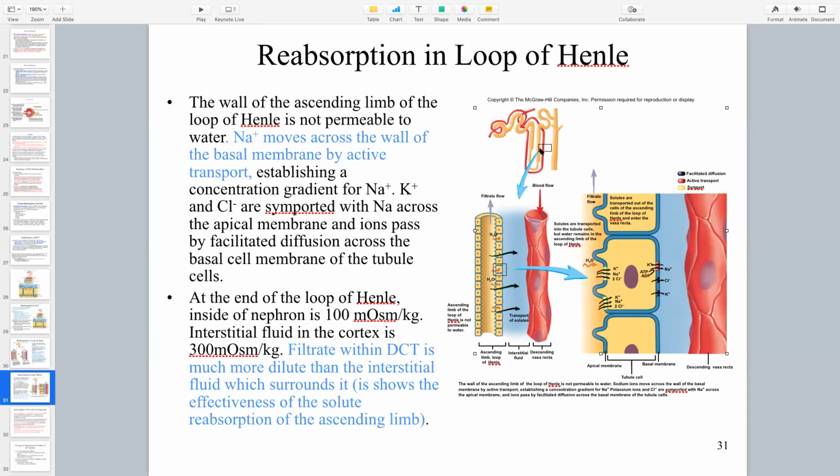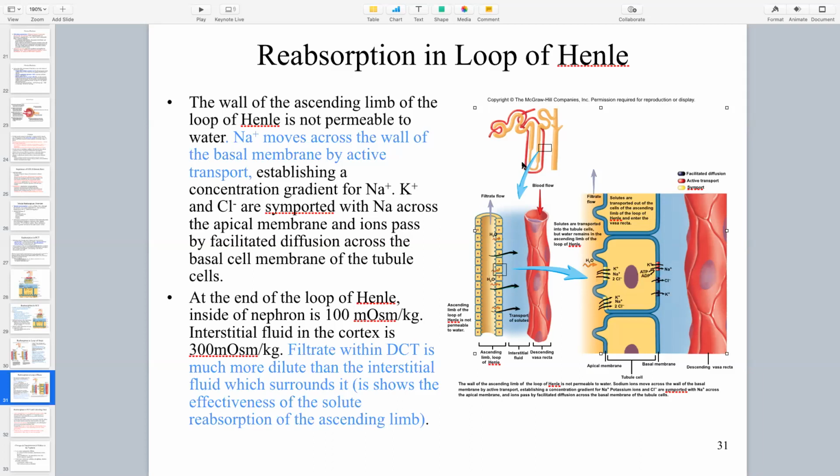It's because by blocking all of these pumps, I can no longer concentrate any amount of salt in the interstitial space. Previously, when I wasn't on the loop diuretic, the salt I pumped out on the ascending limb concentrated everything in the surrounding environment.